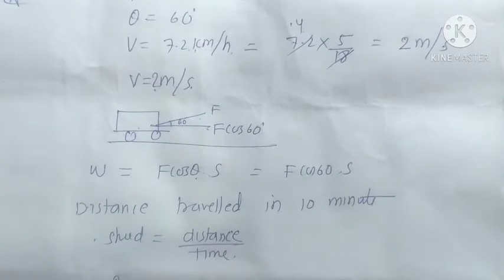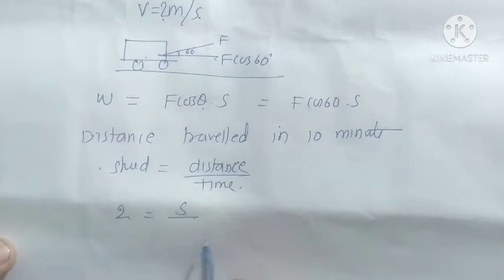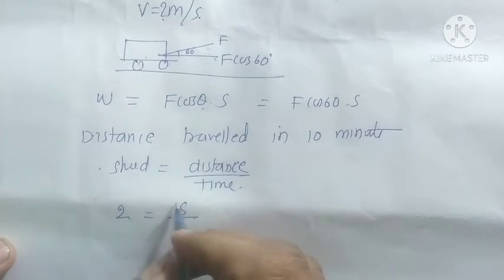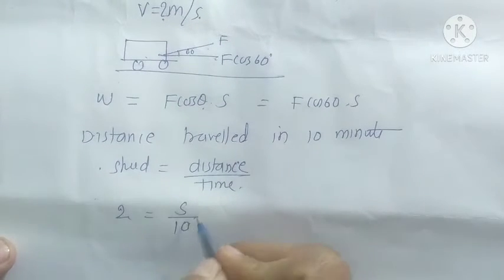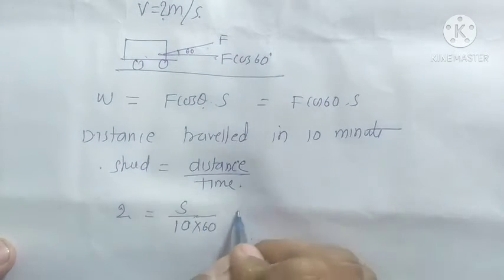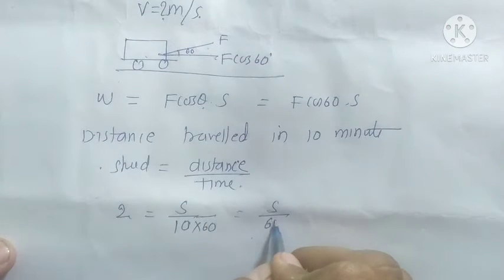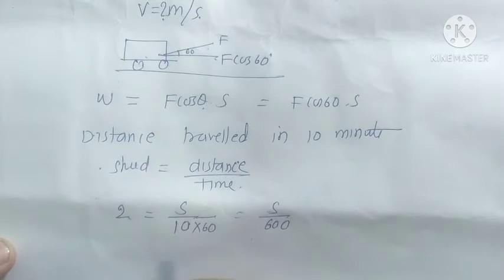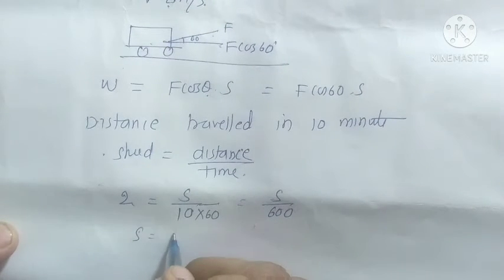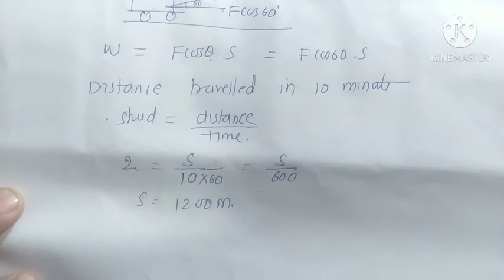Speed is given as 2, we have to find the distance, and time is 10 minutes. Firstly we convert 10 minutes into seconds, so we multiply it with 60, which gives 600. So s upon 600, and finally s is equal to 1200 meter.